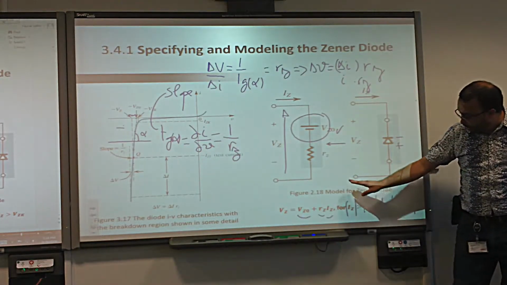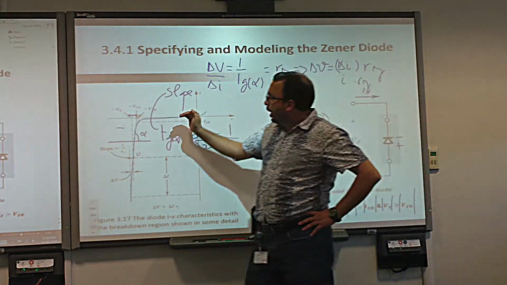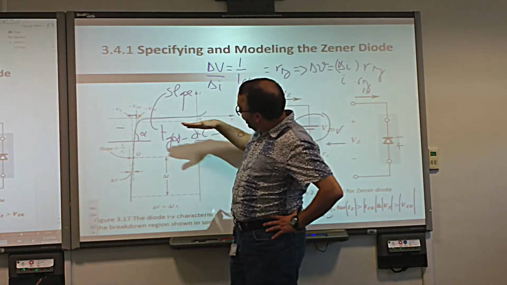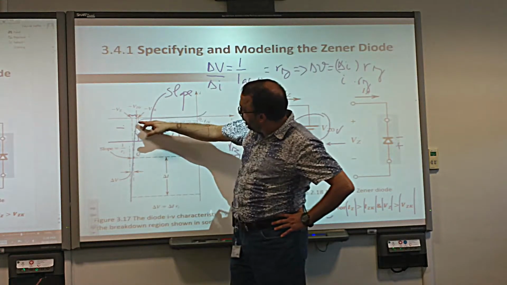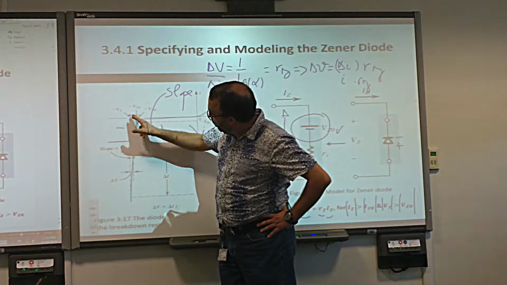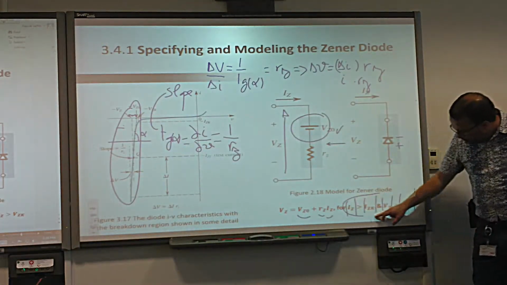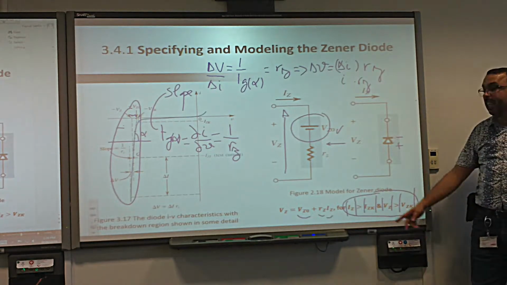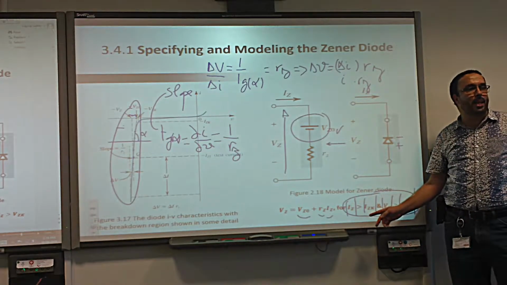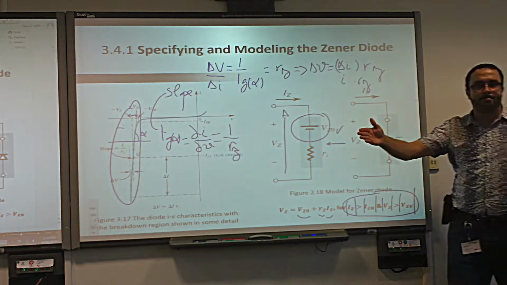But here we are talking about absolute values. So when IZ is above IZK, meaning the current is going here and the voltage is above VZK, we are in the breakdown region.